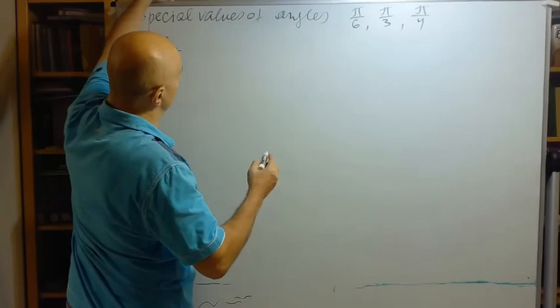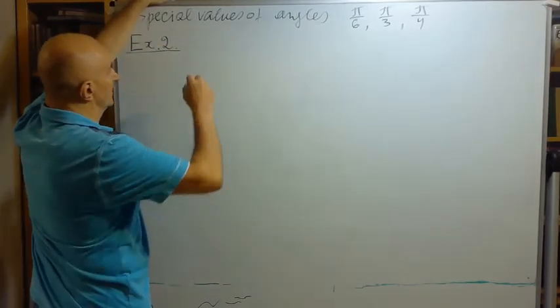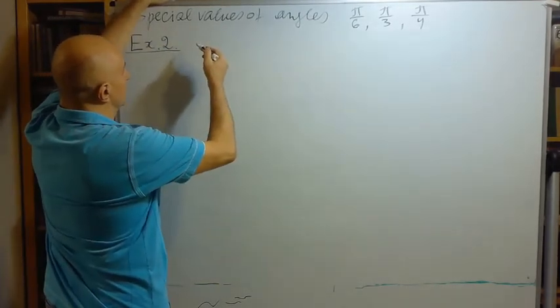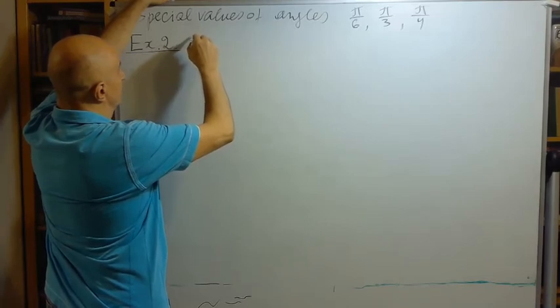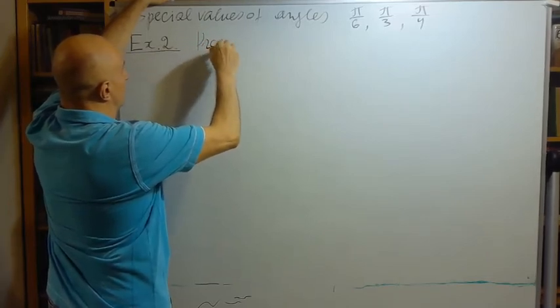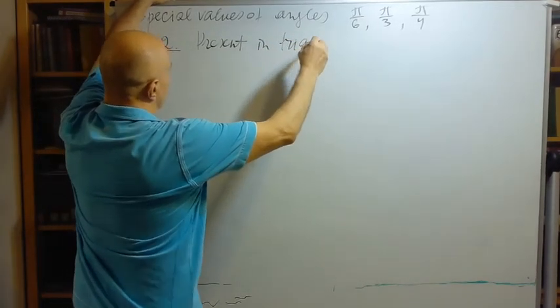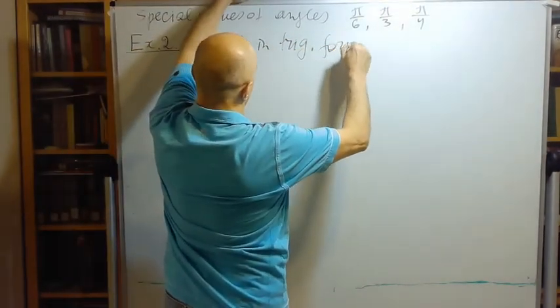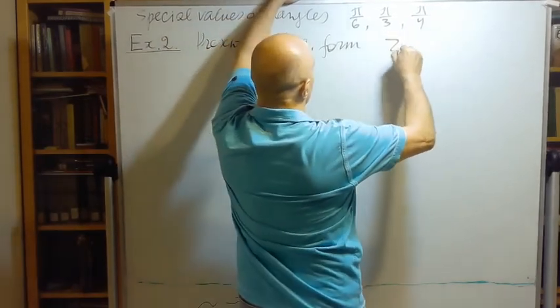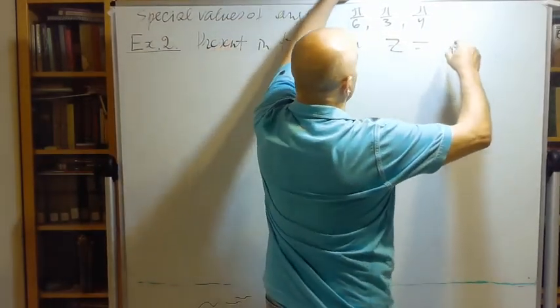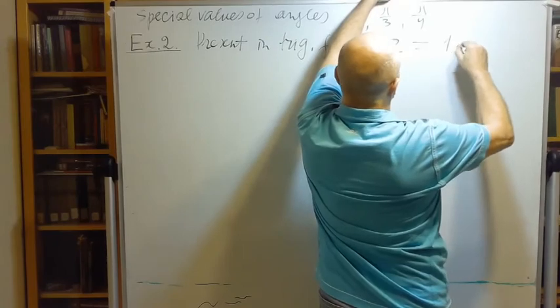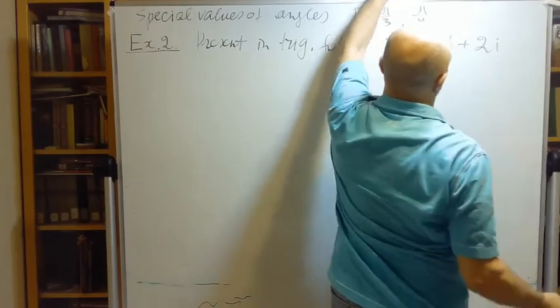An argument is not a special angle or related to a special angle. For instance, I want to present in trigonometric form the number z equals 1 plus 2i.